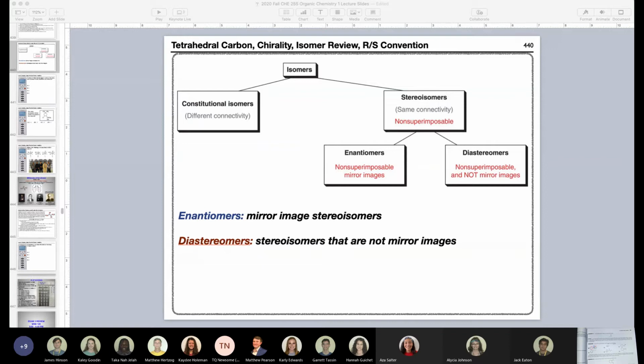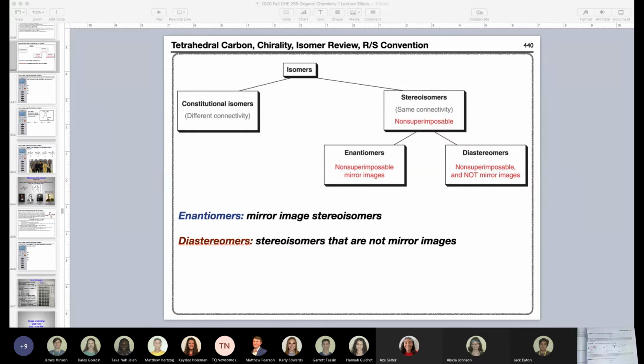So C3. I've drawn one of the enantiomers here. What is the stereochemistry of the chirality center at C3 in this enantiomer?